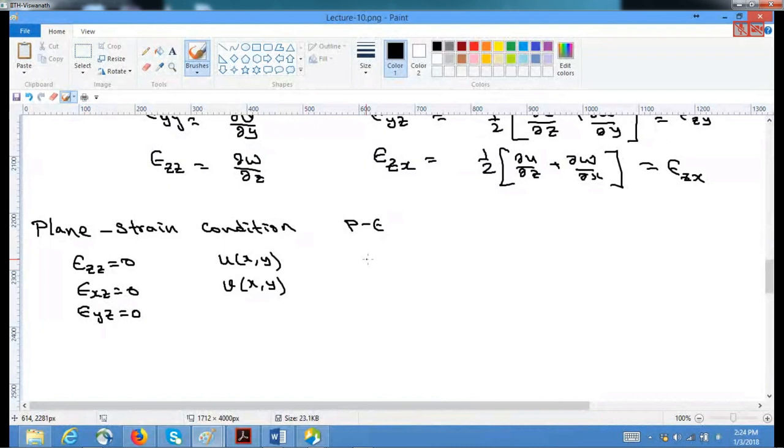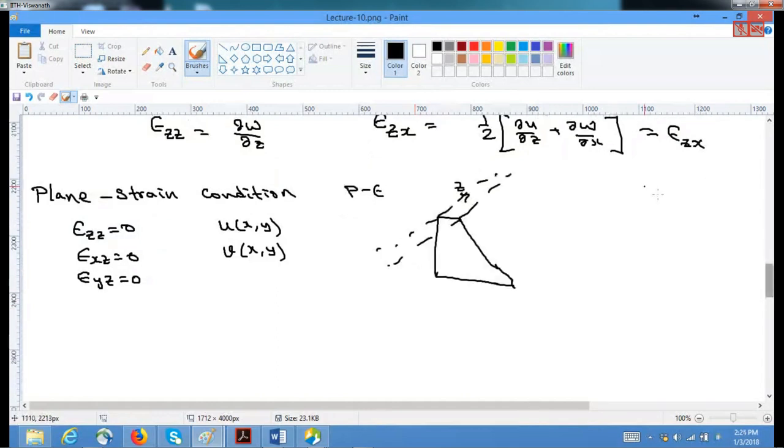Let's say this is your z direction, there is no movement in the third direction, and hence any given cross section has to be in plane loading, that is, U is a function of X and Y. And because of which you can still have sigma ZZ not equal to 0, but epsilon XZ is equal to 0, sigma YZ is equal to 0.